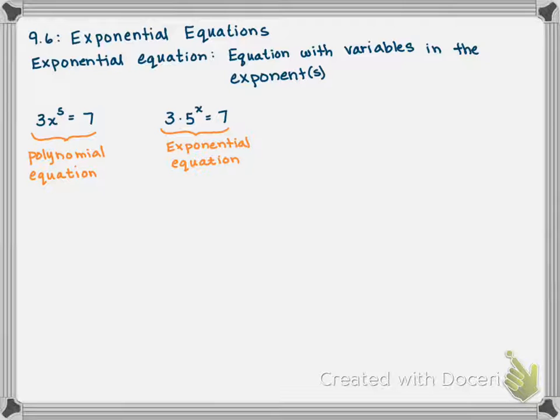There might just be one variable, there might just be one exponent, but some exponent has a variable in it.